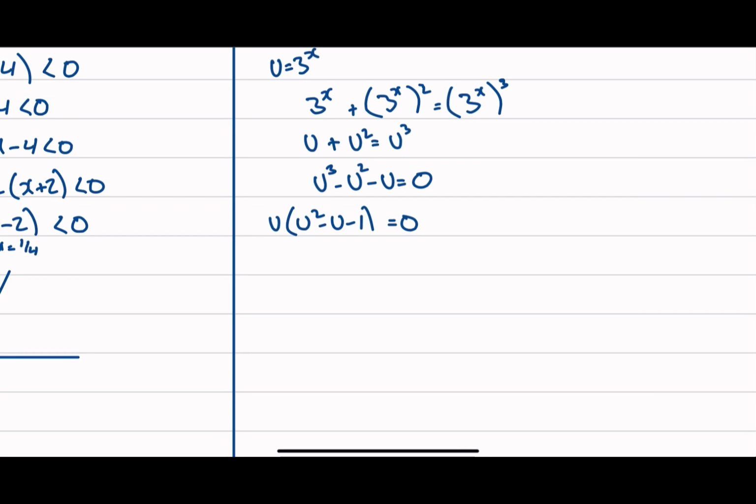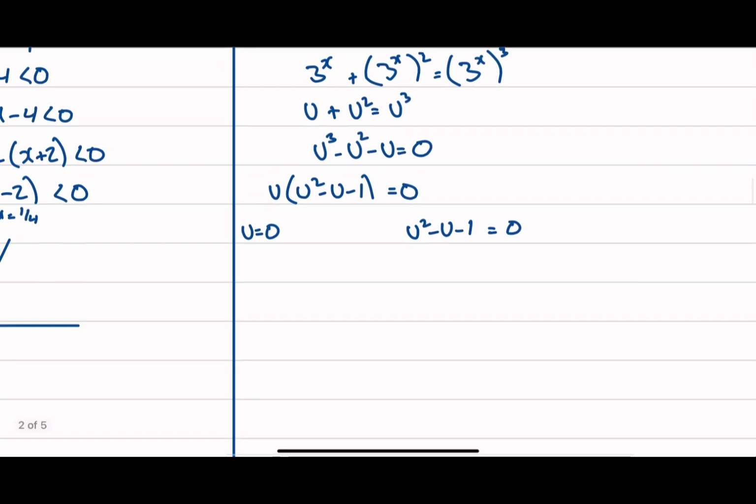Don't divide by u or you'll end up losing a solution. So we say that u equals 0 is one solution, and u squared minus u minus 1 equals 0 will give us the other solution.